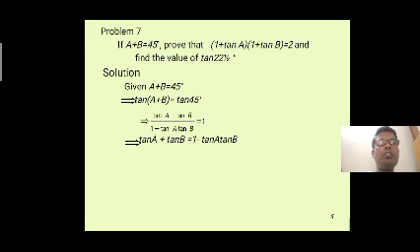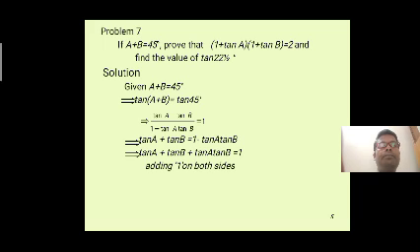Here we do the cross multiplication, we get tan A plus tan B equals 1 minus tan A into tan B. This implies tan A plus tan B plus tan A tan B equals 1, taking the term to the left side.